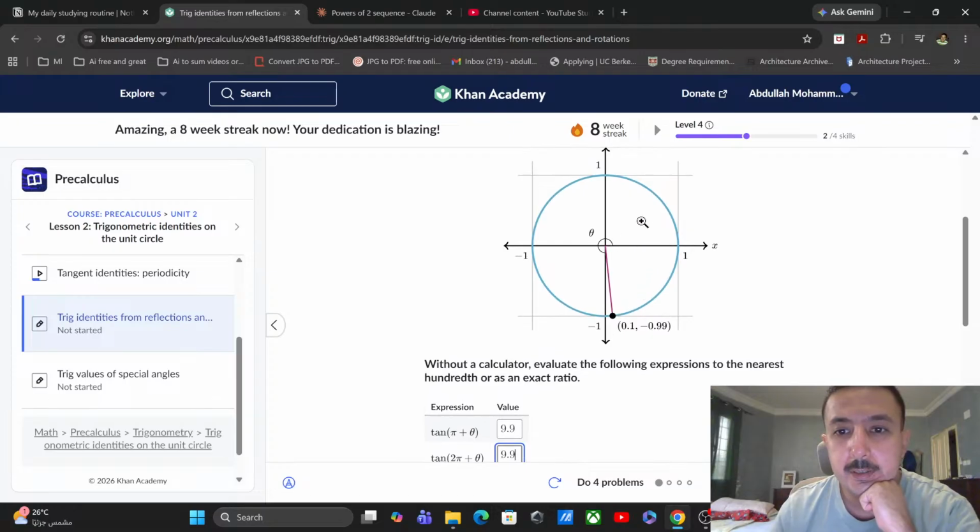This is going to be here. What changed? It is still the opposite over the adjacent. The adjacent is this one. So here it's going to be here. So the adjacent is this one, and the opposite is this one.